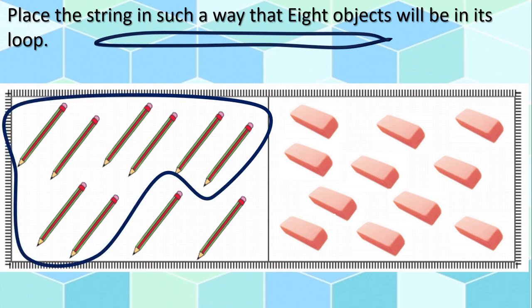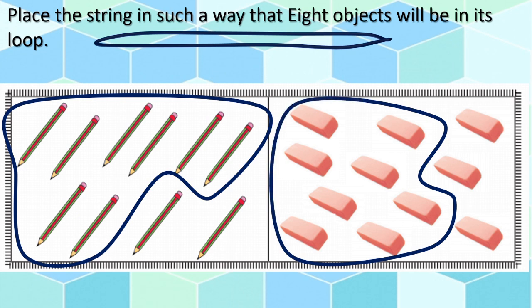Now count. 1, 2, 3, 4, 5, 6, 7 and 8. Right? We have selected only 8 pencils. In the erasers also we have to select only 8. Correct? 1, 2, 3, 4, 5, 6, 7 and 8.